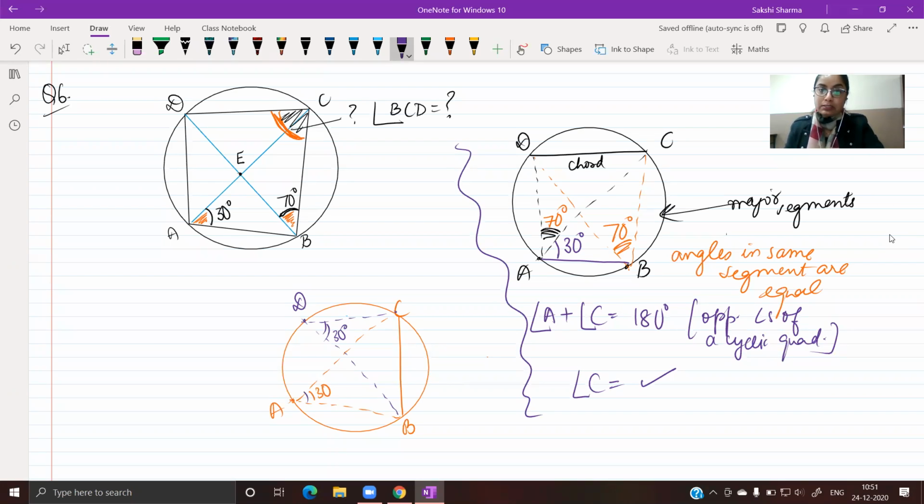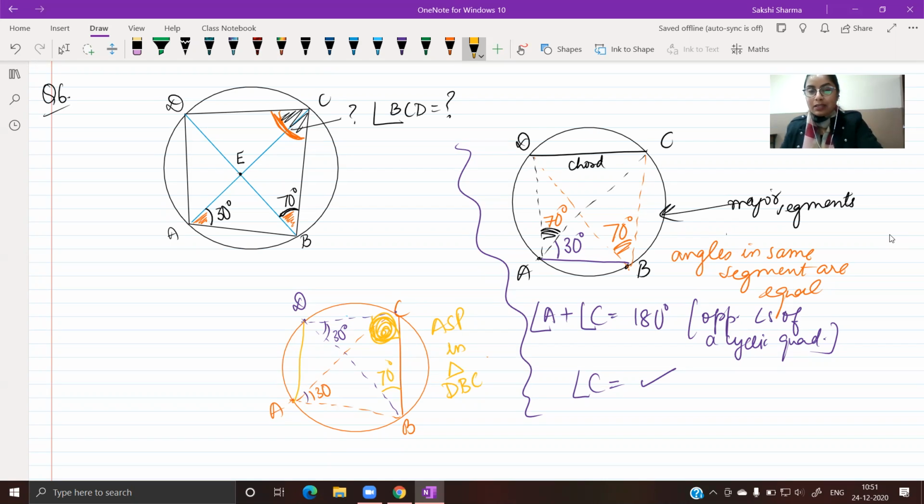Or if you were doing it this way, and then I completed the figure, now this angle is 70. I could have used the angle sum property in triangle DBC to find angle C. So you can do either of the two, whichever seems convenient to you. This will be the first part.